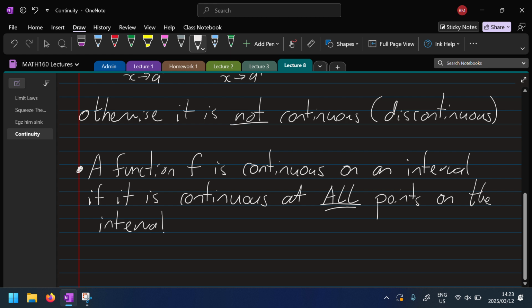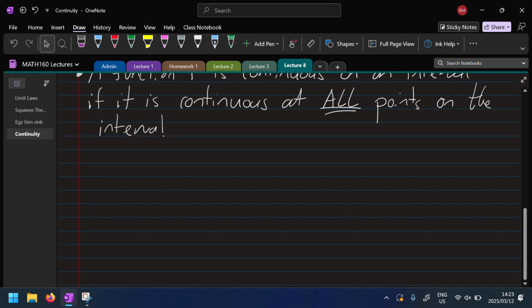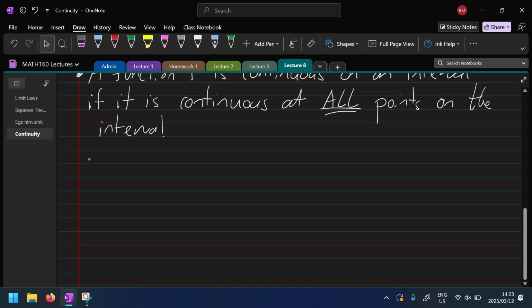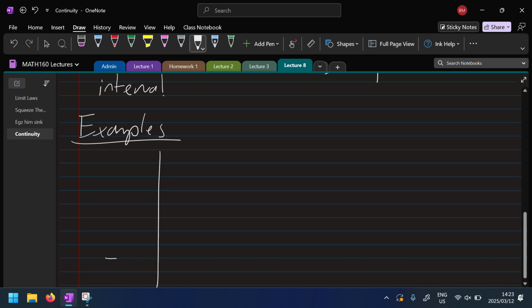So we know how to do continuity at a single point. If you want to check if a function is continuous on an interval of points, you need to check all the points for it to be continuous. Okay, let's have a look at some examples. Okay, so we've got some function that looks like this.